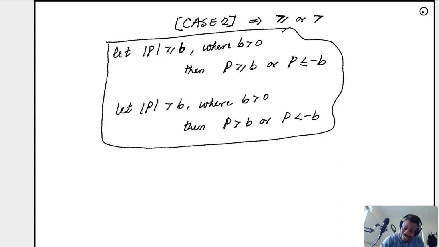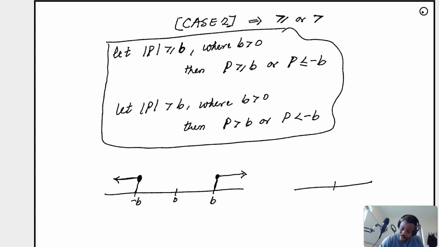What you need to understand there is that this is not a combined inequality, because if I look at this here, this is 0, this is minus b, and this is b. Okay, this is saying p is greater or equals to, so it is shaded and is greater, it goes to the right. This is p less or equals to minus b, so this is shaded and is less, it goes to the left. So you can see it is not a combined inequality like this one here.